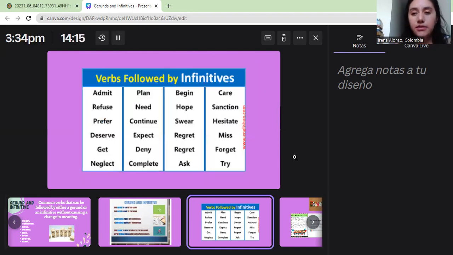And these are some of the verbs that we use with infinitives, like admit, refuse, prefer, deserve. Always we use those verbs in infinitive form.